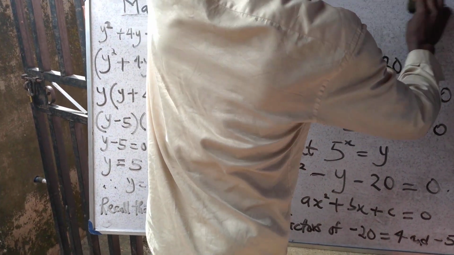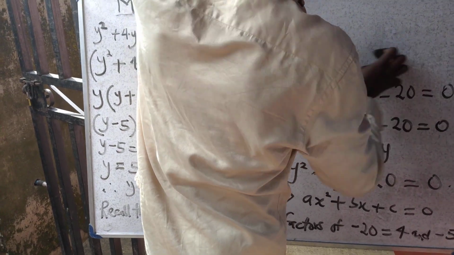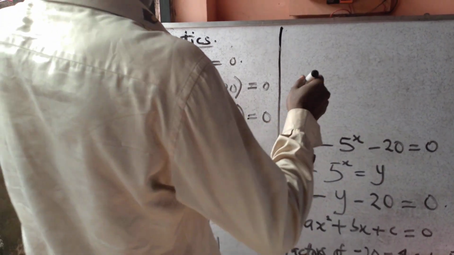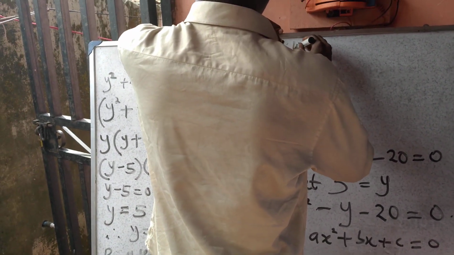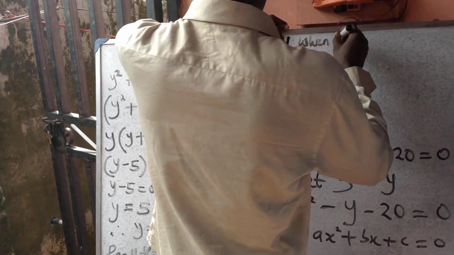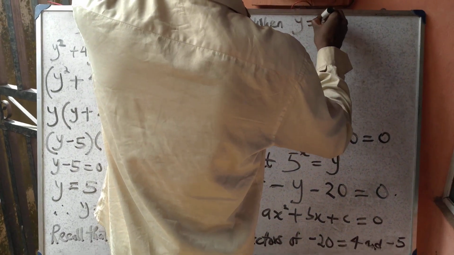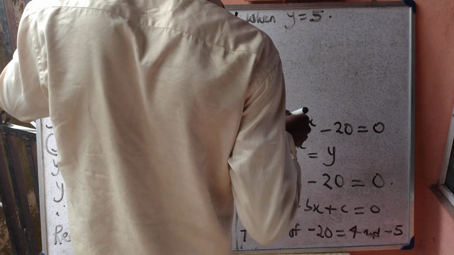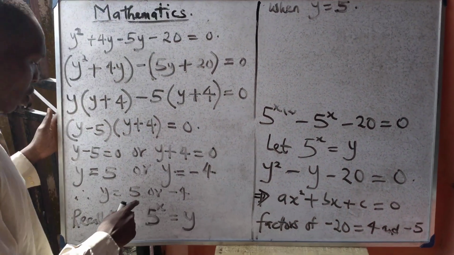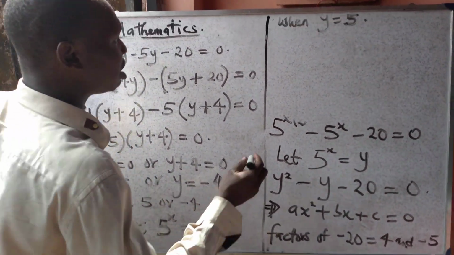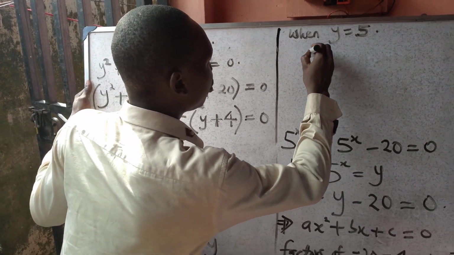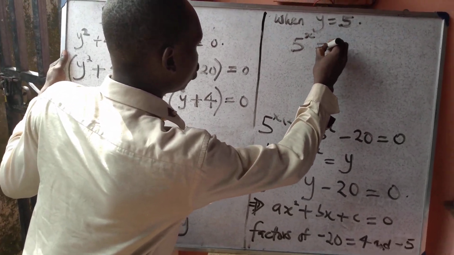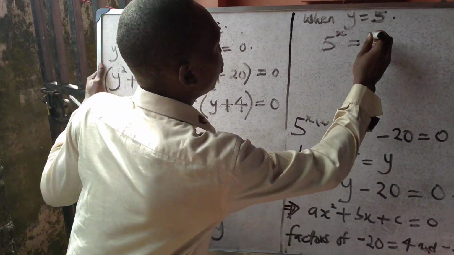When y is equal to 5, this then becomes 5 raised to power x equal to 5.